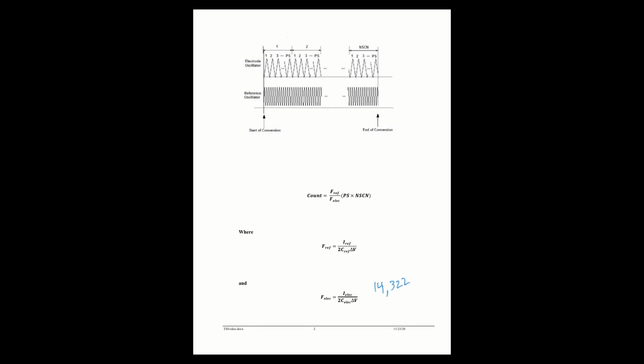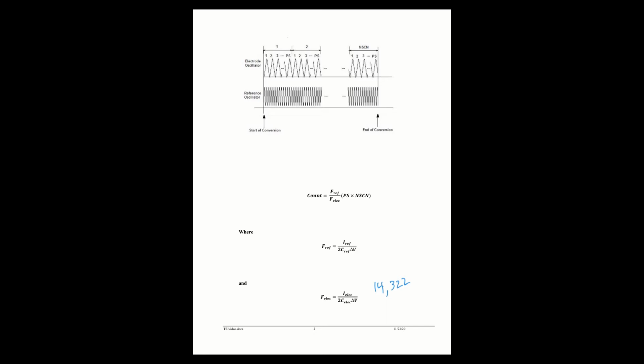Okay, in decimal. So that's the number of these cycles here that there were in one scan without touching the touch sensor. This is what we might call our baseline. Okay, I'll talk about that more later on.